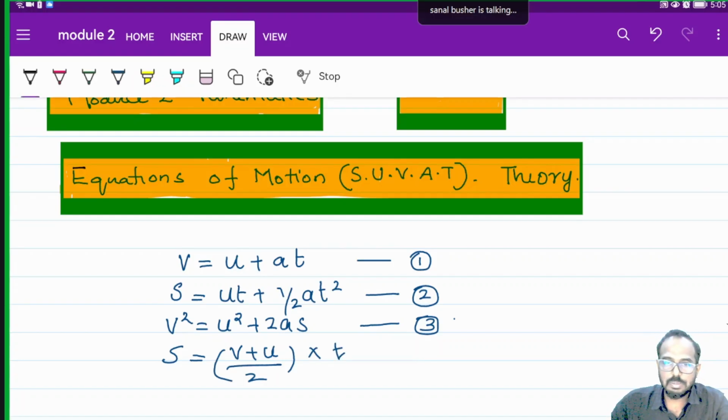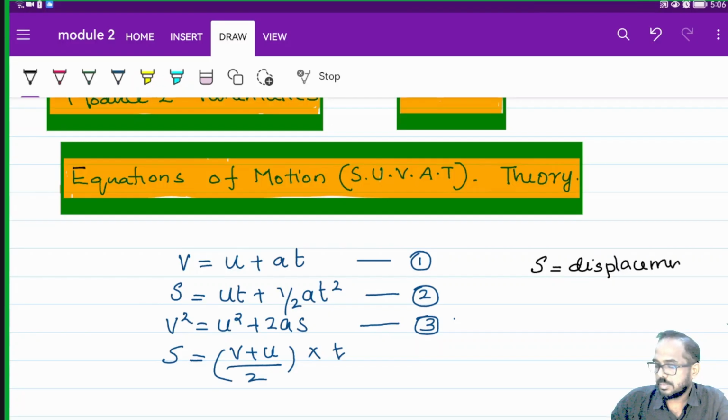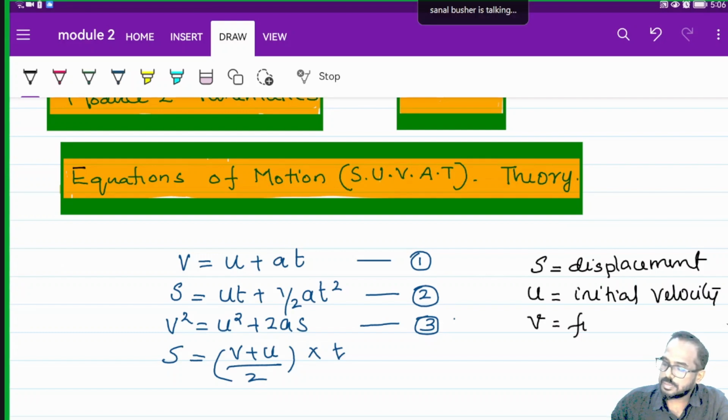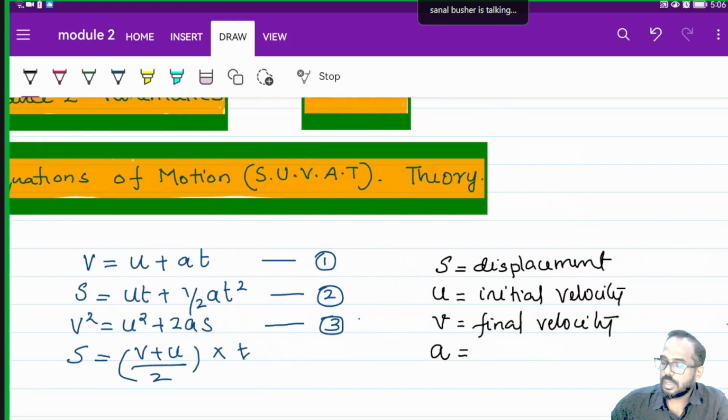We will check what the symbols used in these equations are. s is displacement. u is initial velocity. v is final velocity. a is the acceleration, uniform acceleration.